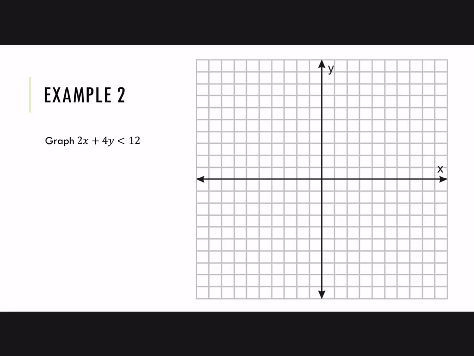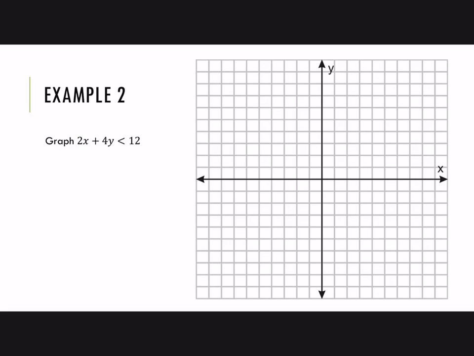All right, example 2, graph 2x plus 4y is less than 12. I might do intercepts for this one as well. If x is 0, then I have 2x plus 4y, and I'm pretending that this is equal to 12. If x is 0, then I end up with 4y equals 12, and so y would equal 3.